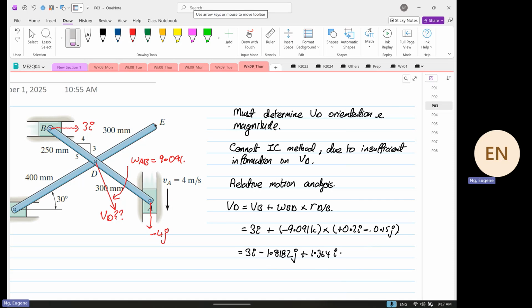Okay. So no, I'm too much in my mind. So J cross K is negative. So 9.091 times 0.15 is 1.363.